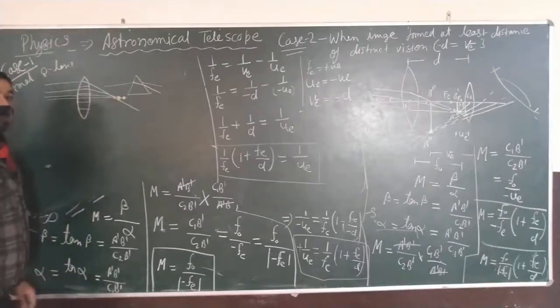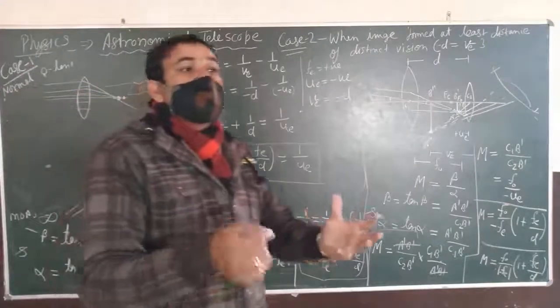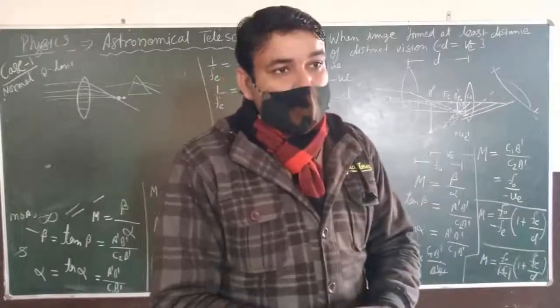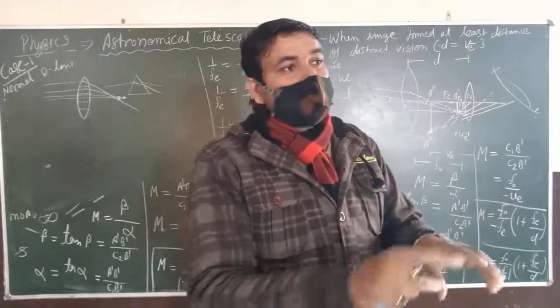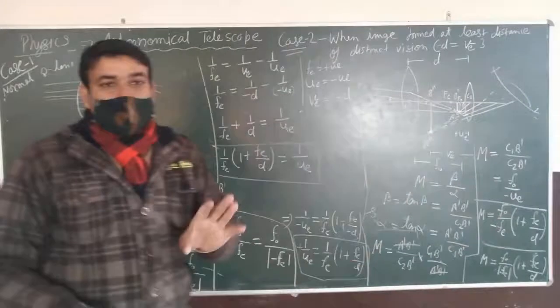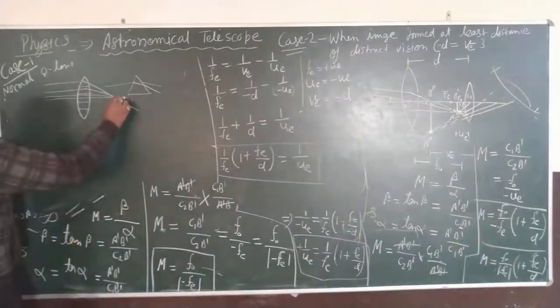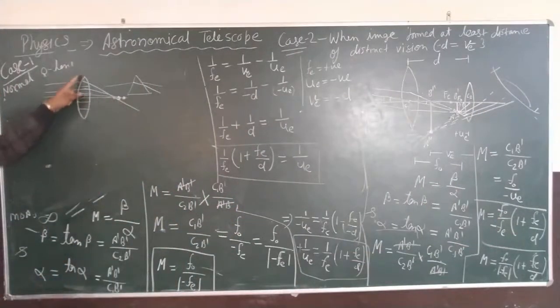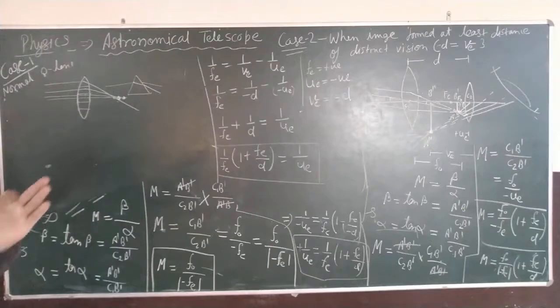This is resolved by the resolving power of the telescope, but for this session, resolving power is cancelled. This error, which is due to its spherical shape, is called spherical aberration. This is the first defect.